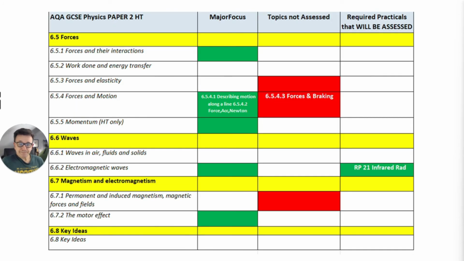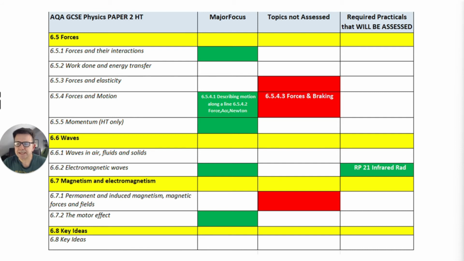Paper 2. Okay, so again you can see it's quite a mishmash between the different topics, but forces are very important here. But, and there is a big but, there's no forces and elasticity. And also in the forces and motion section, they are not going to assess your forces and braking knowledge, but they are going to ask you quite a lot of major focus questions on describing motion along a line.